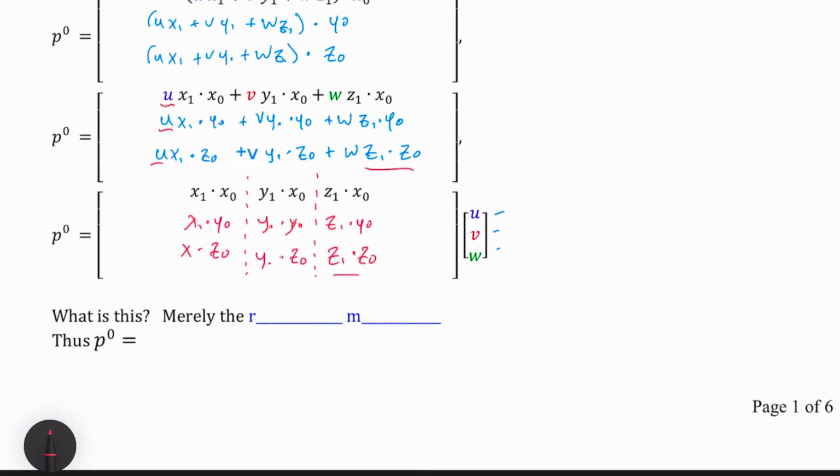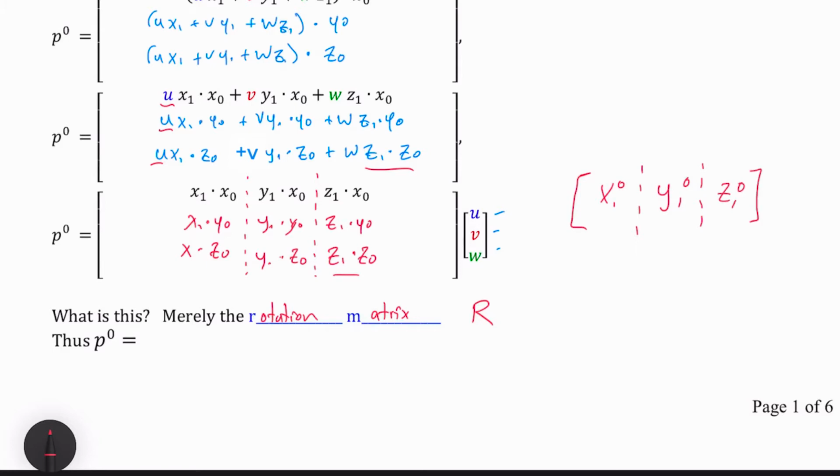When we look at this beautiful matrix that we've constructed, this is merely the rotation matrix, which is R. If you look at this, this is what x1 is in frame 0. This is y1 in frame 0. This is the basis vector z1 in frame 0.